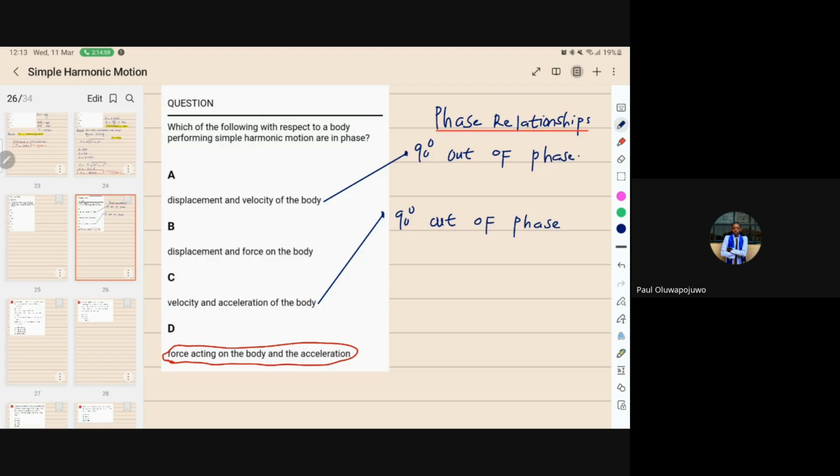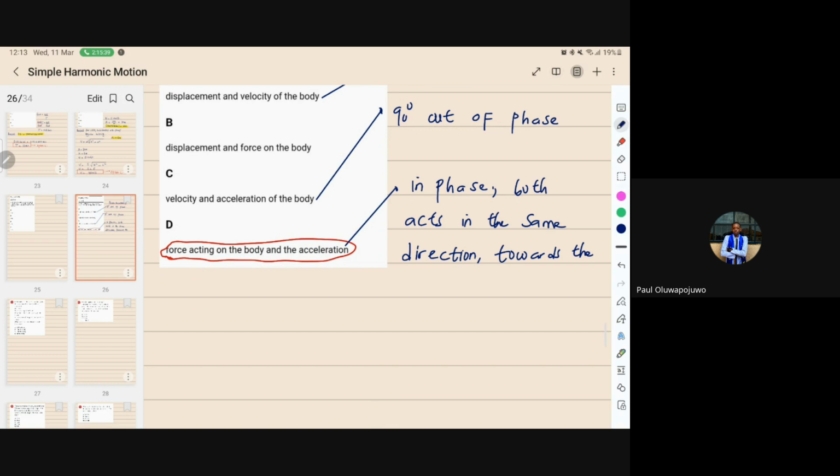Now, displacement and acceleration, and then the force acting on the body, these ones are in phase, because both of them act in the same direction, and it's always towards the center, in brackets, the equilibrium position.